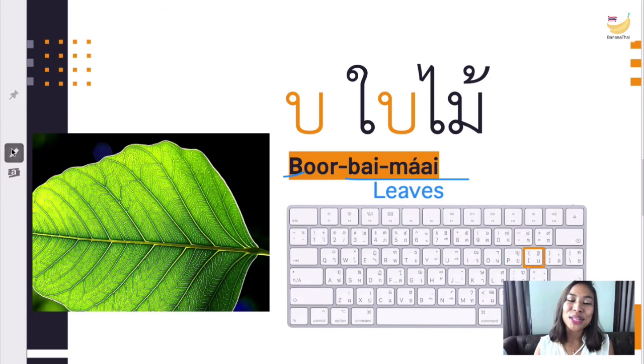The way to write it is quite easy: the head comes down and up, just like this. บอ ใบไม้, b sound. It's just right here. It's commonly used, that's why you don't have to press the shift button, but just easily type it. It's right here.